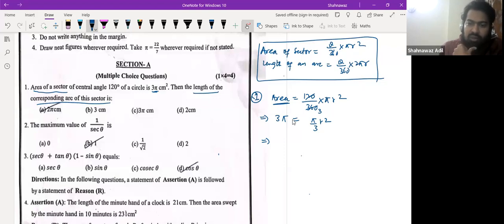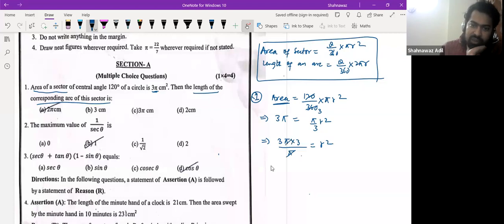This is 3, and what about pi? It will be in the bottom. Divide, and then we have r square.